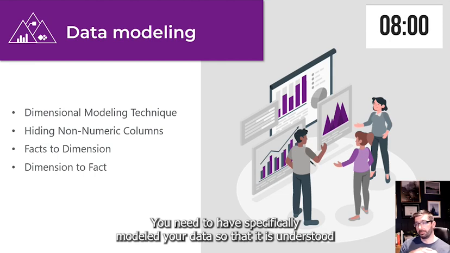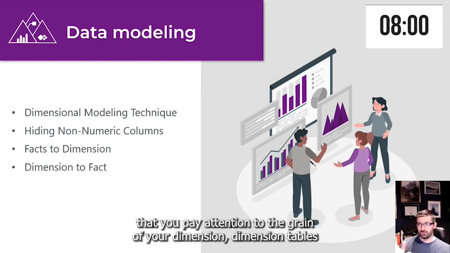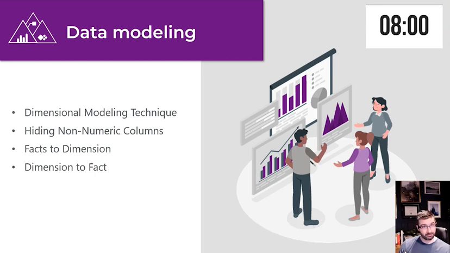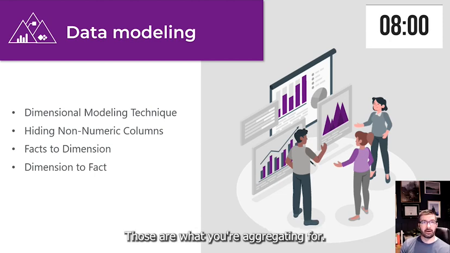You need to have specifically modeled your data so that it is understood that this is a many-to-many relationship. Make sure you pay attention to the grain of your dimension tables, being one row, and in your fact tables, you can have as many as you want. Those are what you're aggregating for.